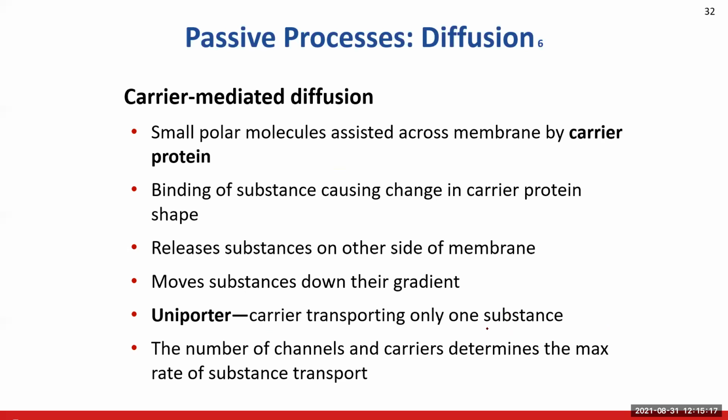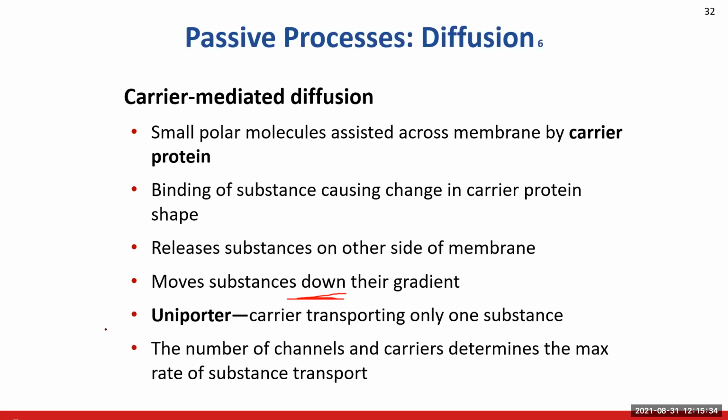And when that happens, it will allow the movement of that substance from one side, the outside of the plasma membrane, to the inside. Again, it's always going to move down the concentration gradient.